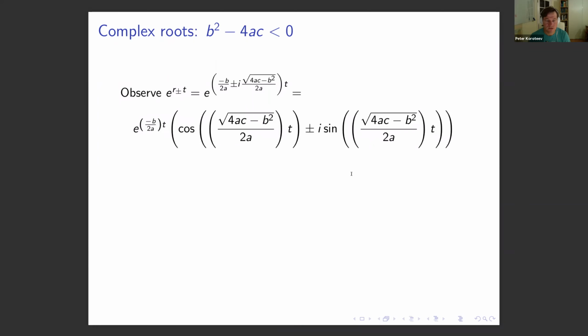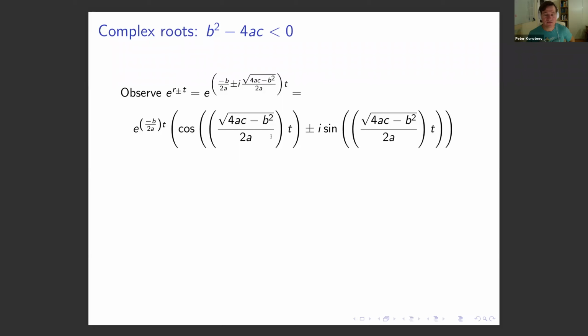Right, so here's a simple calculation with trigonometry of the complex exponentials. The exponential to this thing is equal to this expression, which is the solution of the quadratic equation. We know that the discriminant is negative, so we can single out i, and now the expression under the square root is positive.